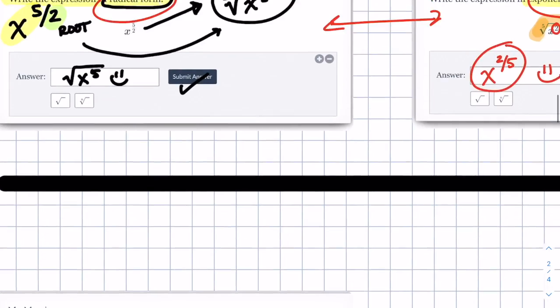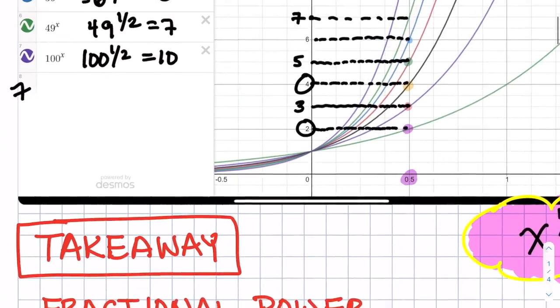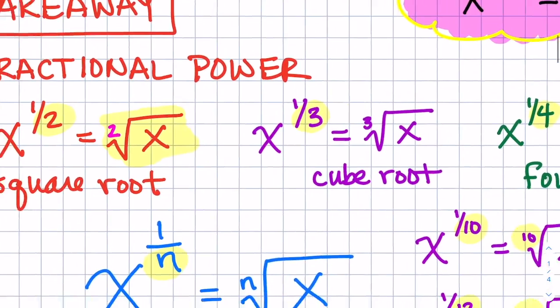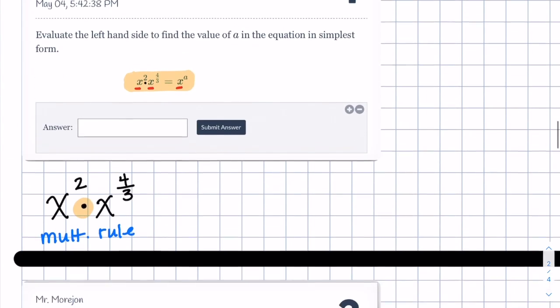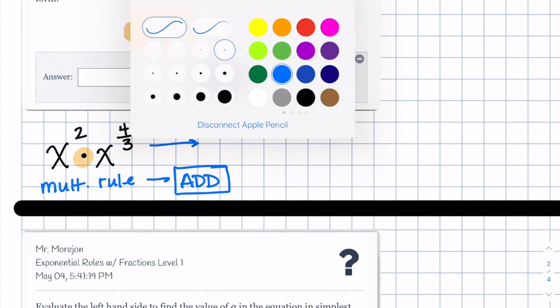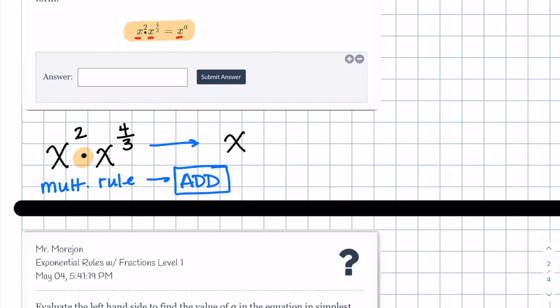The multiplication rule pretty much said, when you see multiplication, add the powers together, right? So I'm going to turn this into x to the 2 plus 4/3. And now you're like, oh man, I gotta add fractions.